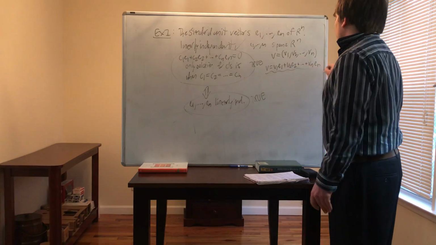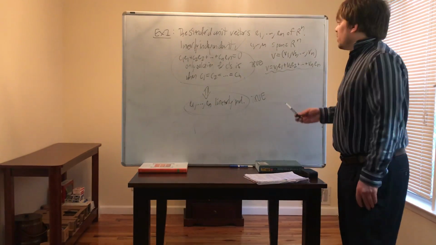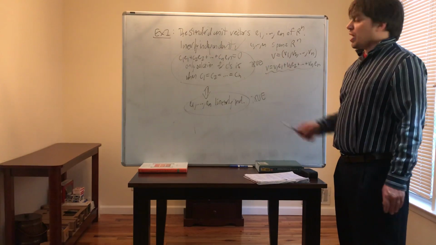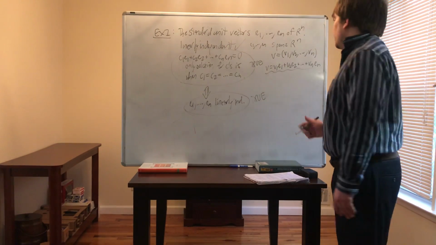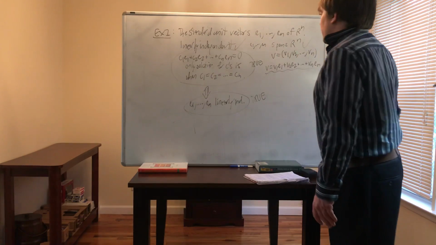And here I've expressed the vector v as a linear combination of e1 to en. So every vector in Rn is expressible as a linear combination of e1 to en. And so e1 to en spans Rn, that's also true.